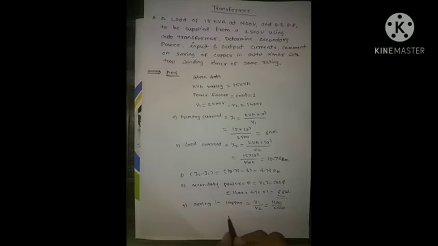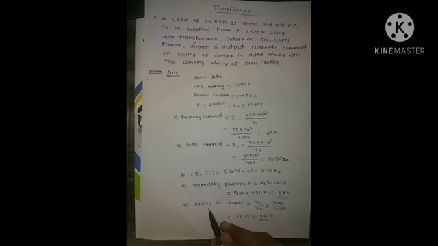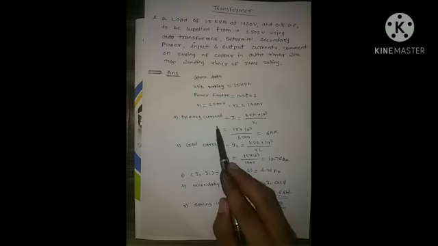After solving this, we get 0.56, or by multiplying by 100 we get 56%. That means we save 56% copper in this case.